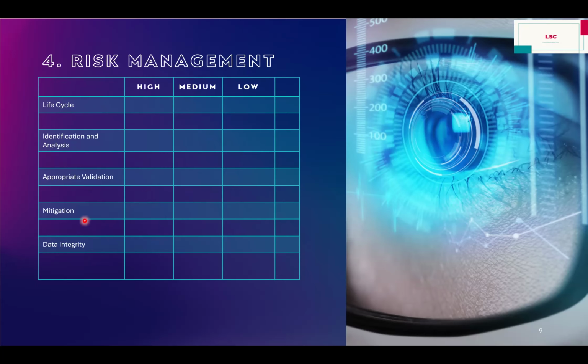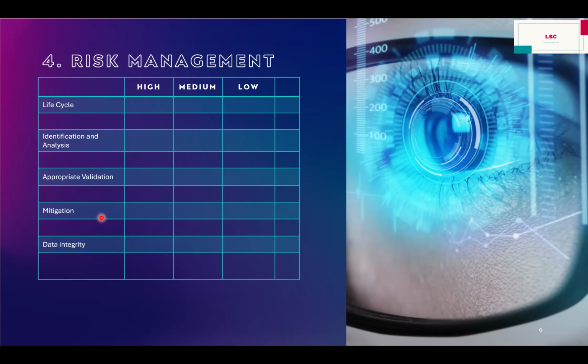Then mitigation: wherever applicable, if we have an associated risk, the guideline says your mitigation plan should bring it to an acceptable level. The outcome of the risk management process should result in the choice of an appropriate computerized system architecture and functionality. This is written.